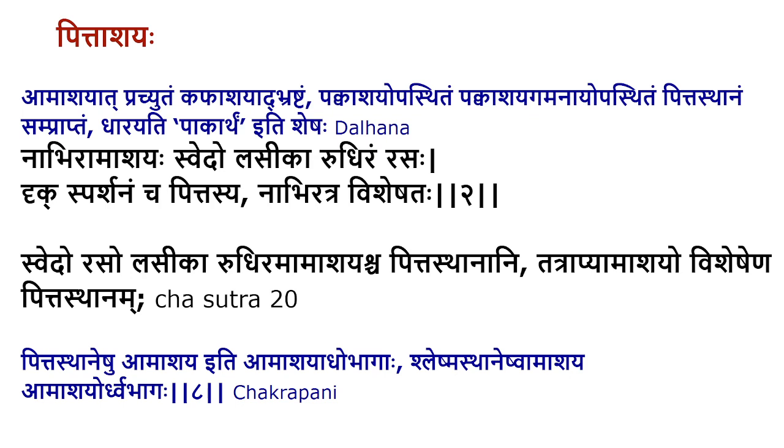In Charaka, the location of Pitta is given as Sweda, Rasa, Lasika, Rudhira, Amashaya, and among these, Amashaya is especially the Pittasthana. Charaka has given Amashaya as the Pittasthana, while Vagbhata has given Nabhi.